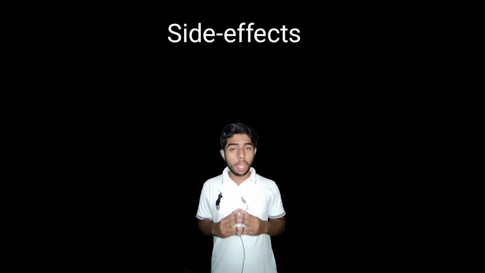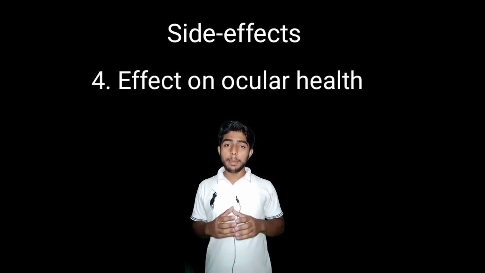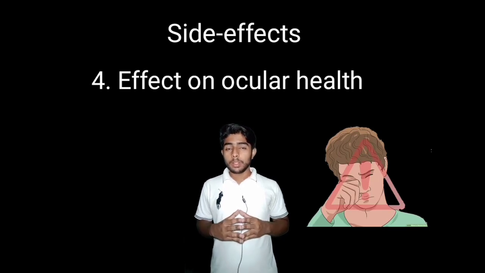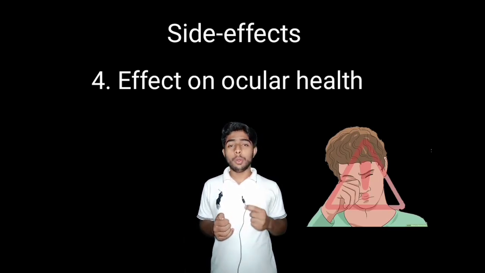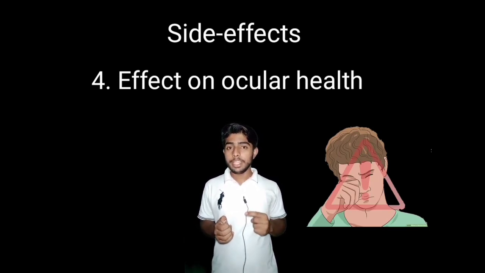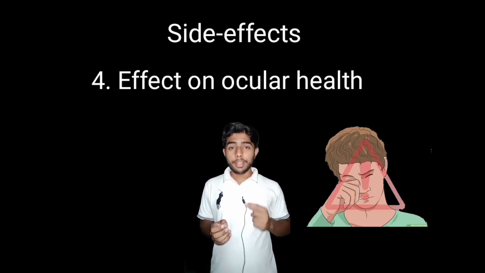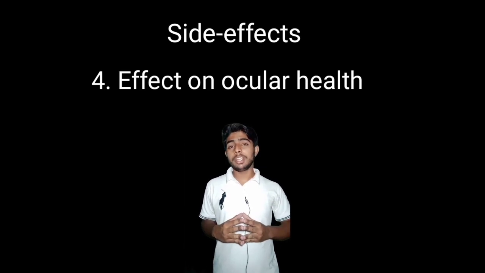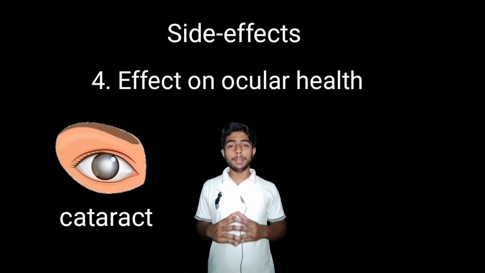Corticosteroidal drugs can also affect your ocular health, meaning they can also affect your eyes. So if you are taking corticosteroidal drugs long term, then you must contact your eye specialist, because corticosteroidal drugs can cause cataracts and glaucoma.